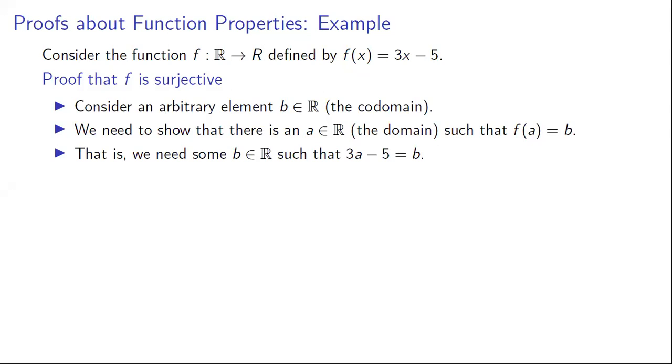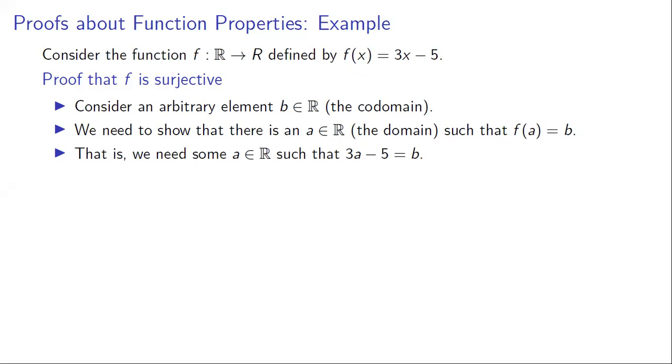Sorry, this is a mistake: that is, we need some little a in the domain such that 3a minus 5 is equal to b. In other words, we need to find an a such that f of a is equal to b. Well, what is f of a? F of a is 3a minus 5. So we need to find an a such that 3a minus 5 is equal to b.